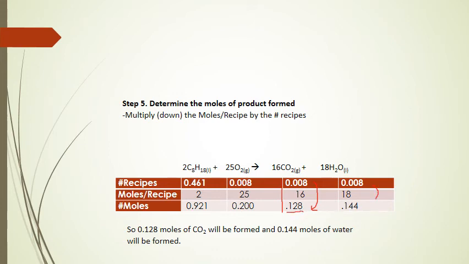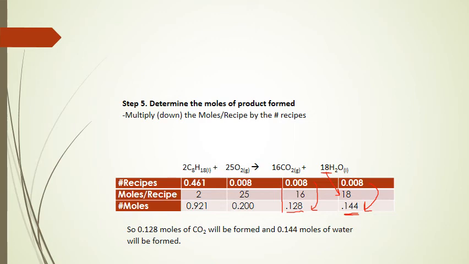And same thing with the water. Every time you do it, you need 18 moles. You have 0.008, so you can only get that many moles. All right, so these are how many moles of each of your products you can get.